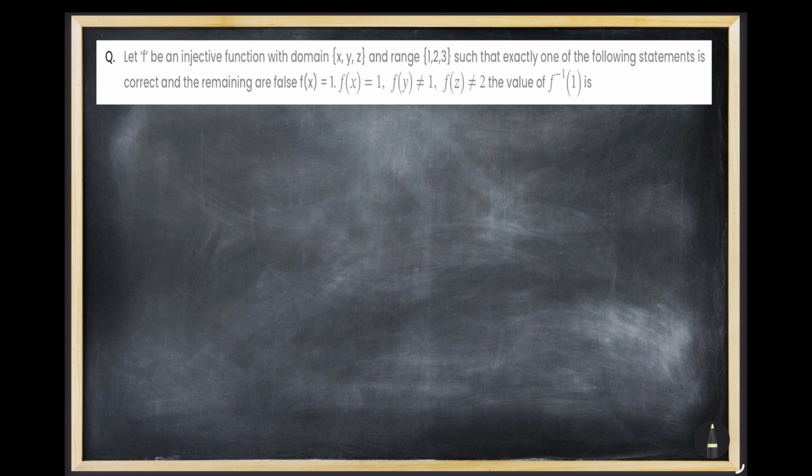So we are back with a wholesome new question, which says: let f be an injective function. These guys are talking about the word injective function. So first, try to understand that a one-one function is called an injective function.